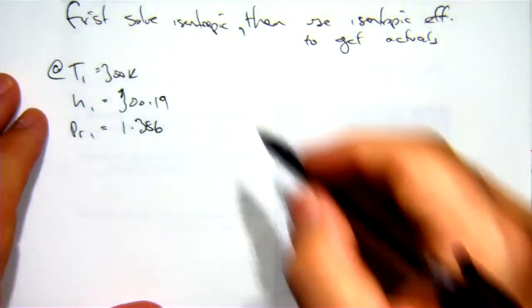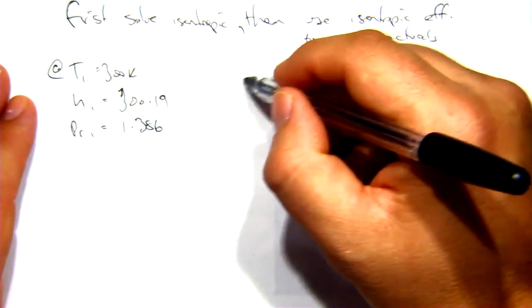So at this point, I haven't done any maths. I've just looked up a table. I was given the temperature. I didn't even have a pressure there. Do you notice this yet? So, this is my tool.